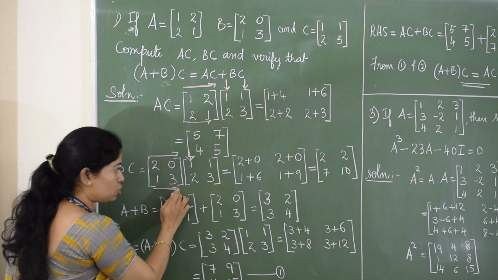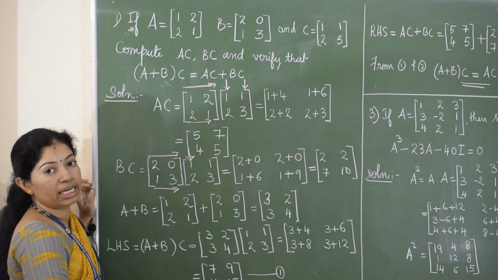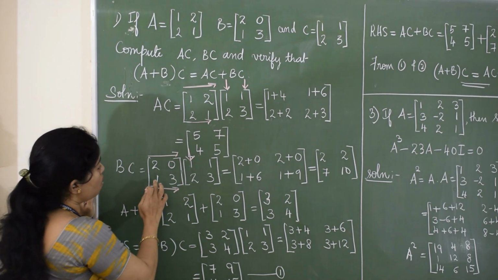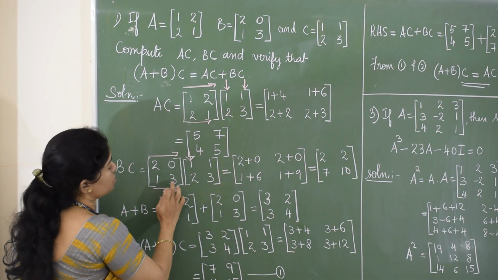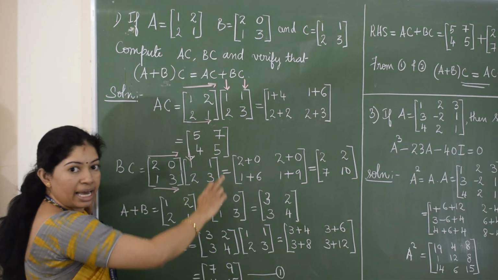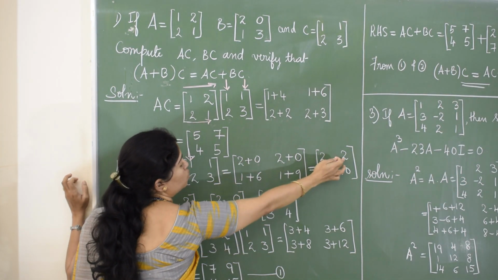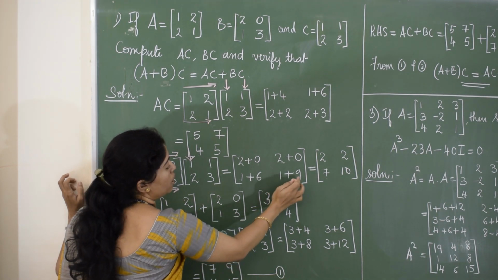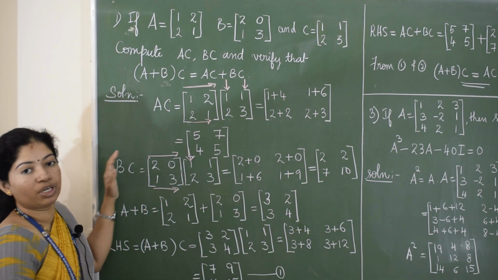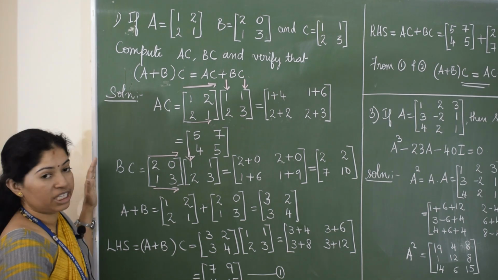Next again second row, multiply the corresponding elements of second column. 1 into 1, 1 plus 3 into 3, 9. Again next simplify them. 2 plus 0 is 2, 2 plus 0, 2, 1 plus 6, 7, 1 plus 9, 10. So we got our product BC.